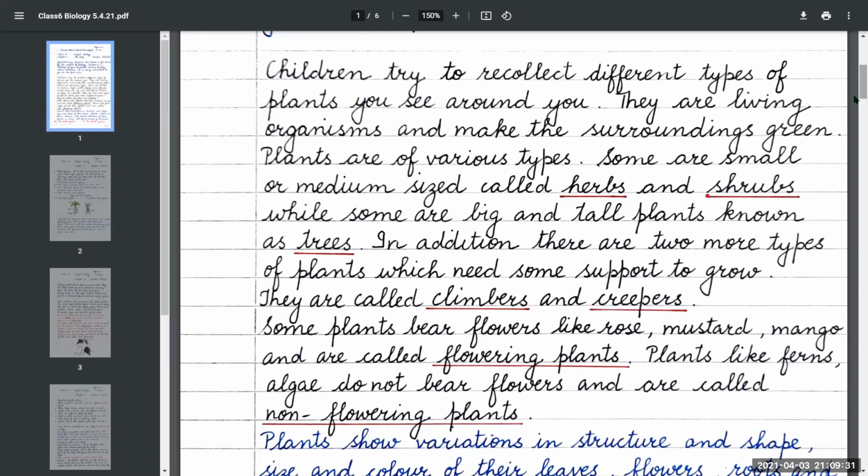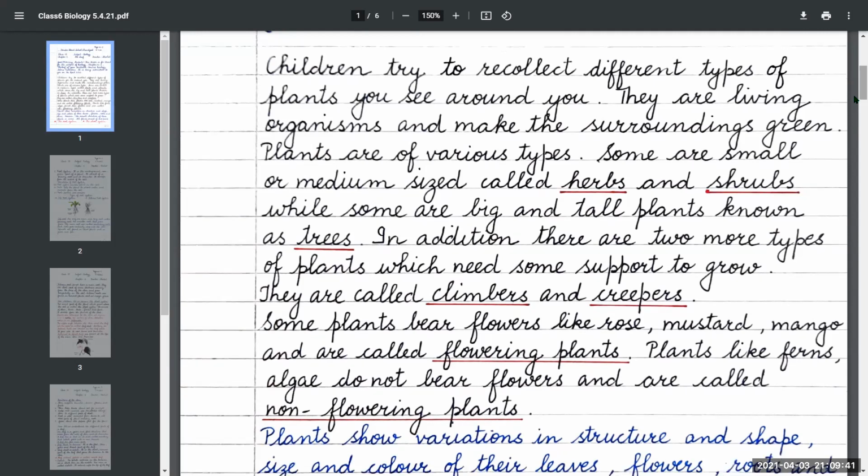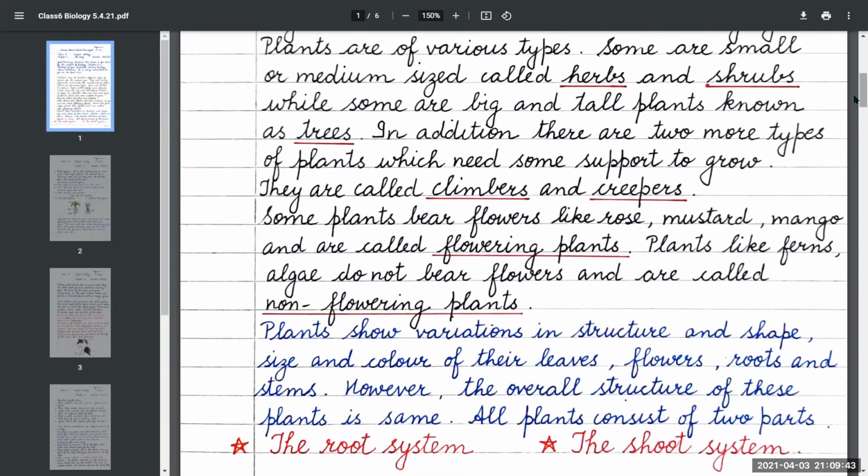Some plants bear flowers like rose, mustard, mango and are called flowering plants. Plants like ferns, algae, do not bear flowers and are called non-flowering plants.